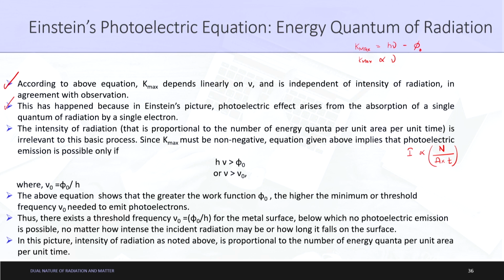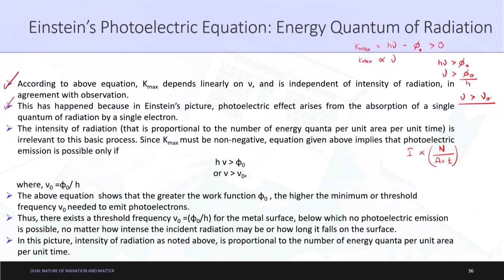In very simple terms, we just need to make it positive, so it becomes h nu greater than phi naught, which can be written as nu greater than phi naught by h, that is nu naught.